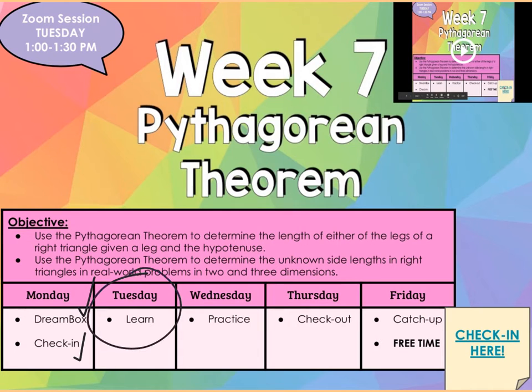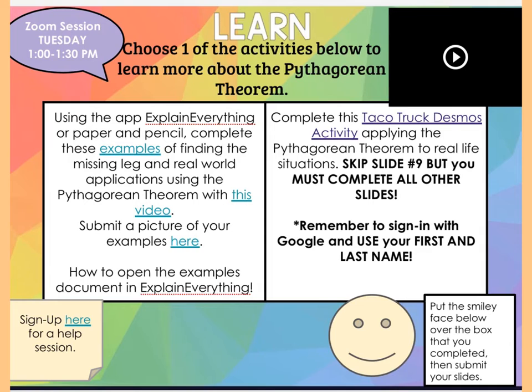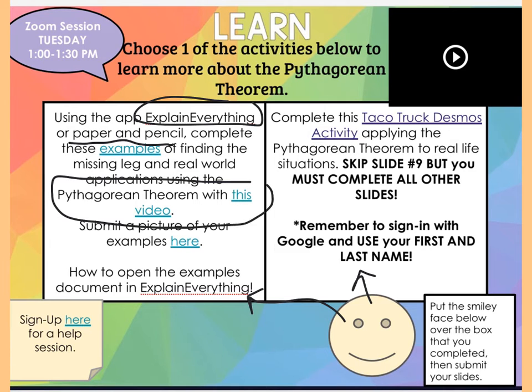And I wanted to take a peek at the learn slide for Tuesday. So the learn slide, you have 2 choices. You're going to take the smiley face and drag it over whichever choice you prefer. And the first one is just, you can do paper pencil examples or open it and explain everything. And Ms. Hartman makes a video that goes through all of these practice problems.